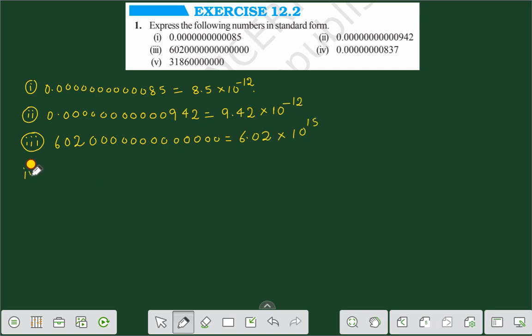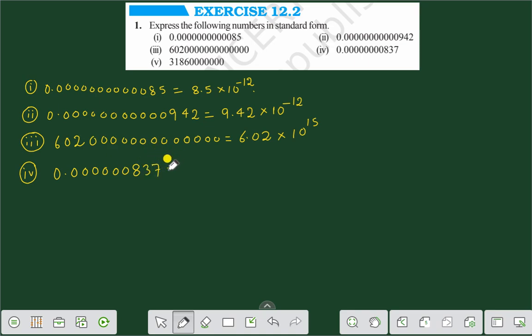Question number 4 is 0 point. How many zeros are there? 1, 2, 3, 4, 5, 6, 7, 8. Then the digits 8, 3, 7.